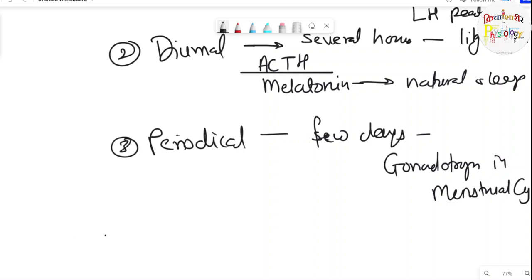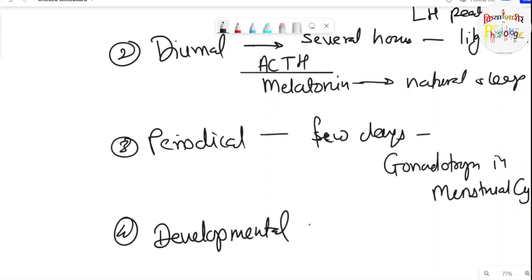Next one is rhythmic secretion according to development, or different phases of development. Developmental secretion.